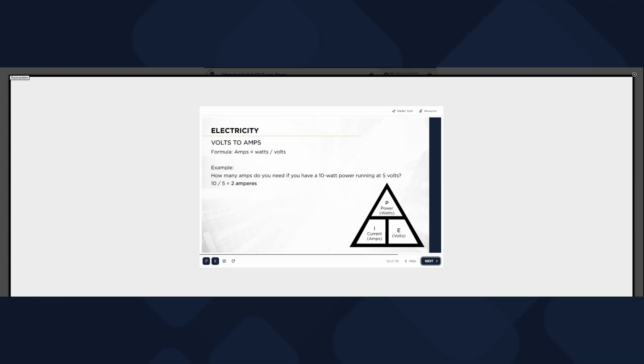How many amps do you need if you have a 10-watt power running at 5 volts? 10 divided by 5 equals 2 amperes. Amps to watts. The formula to convert amps to watts is amps times volts. How many watts power a current of 2 amps and a voltage of 5 volts? 2 times 5 equals 10 watts.